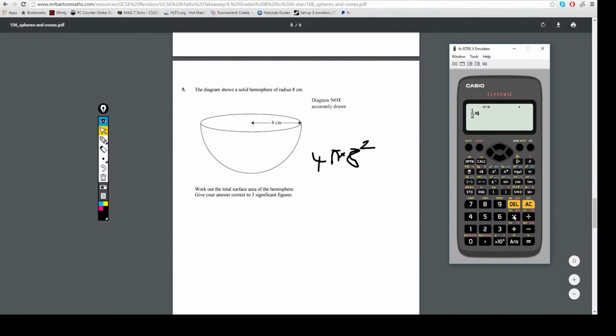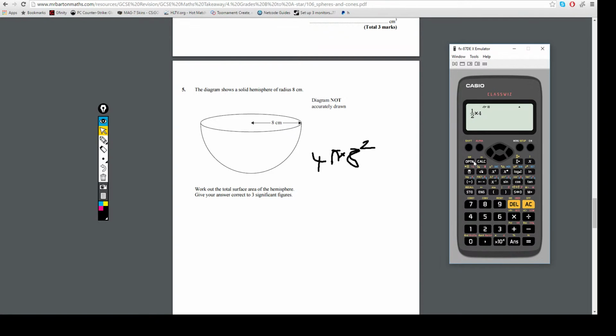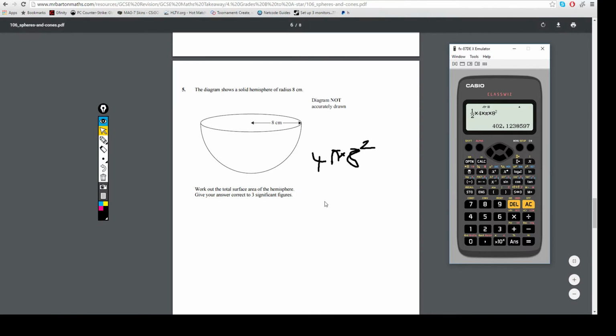So times 4 pi, I might do times 4 just for accuracy, and then I'm going to go 8 squared, and that should give us 402, and that is half of that.